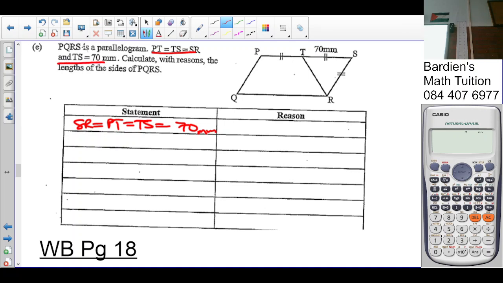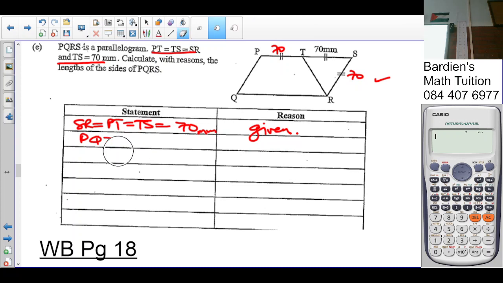If it's given to us, then we say given. We haven't applied any rules of quadrilaterals here. So we put 70 here and 70 here. They want to know the length of the sides, so I have RS already. RS is the same as PQ, which is also 70.